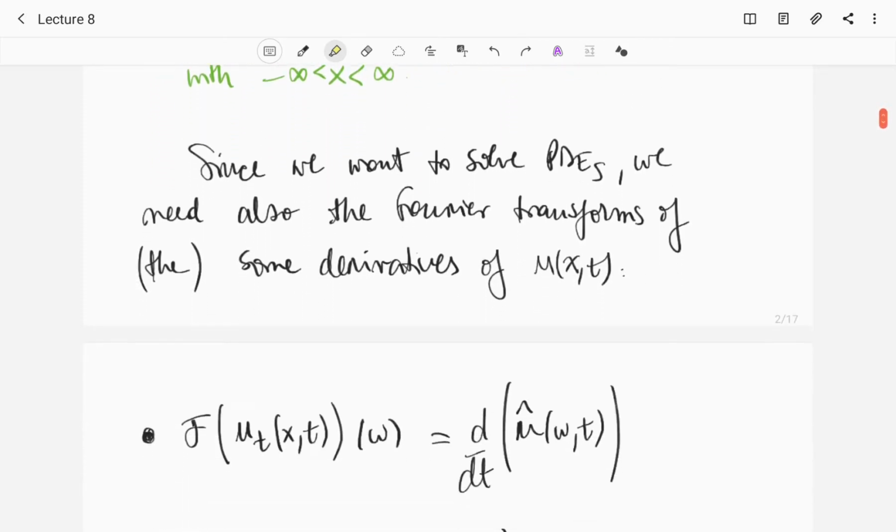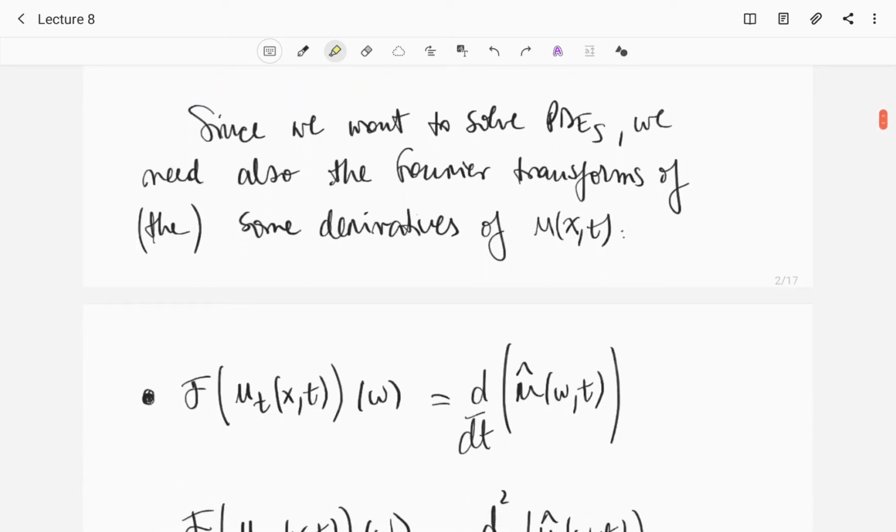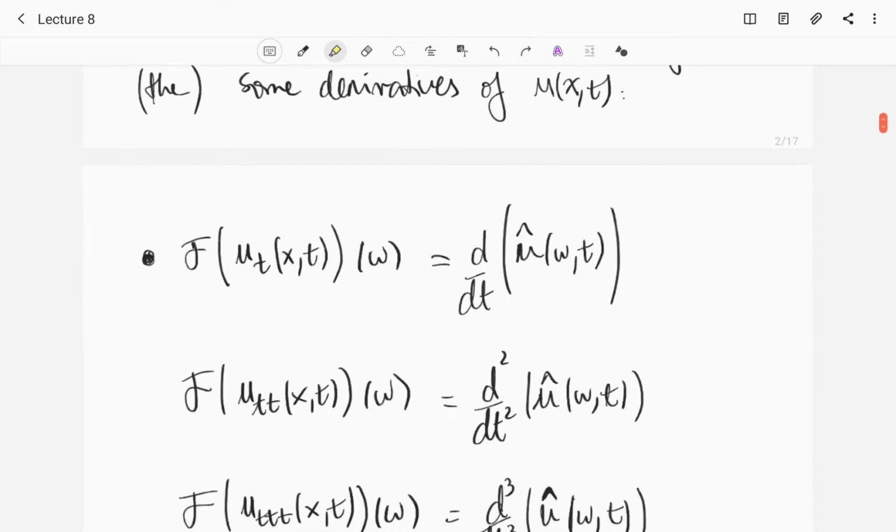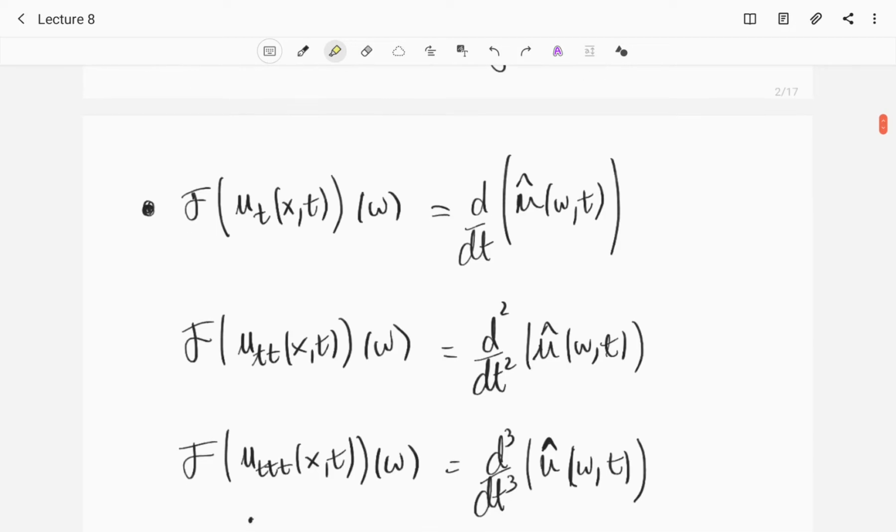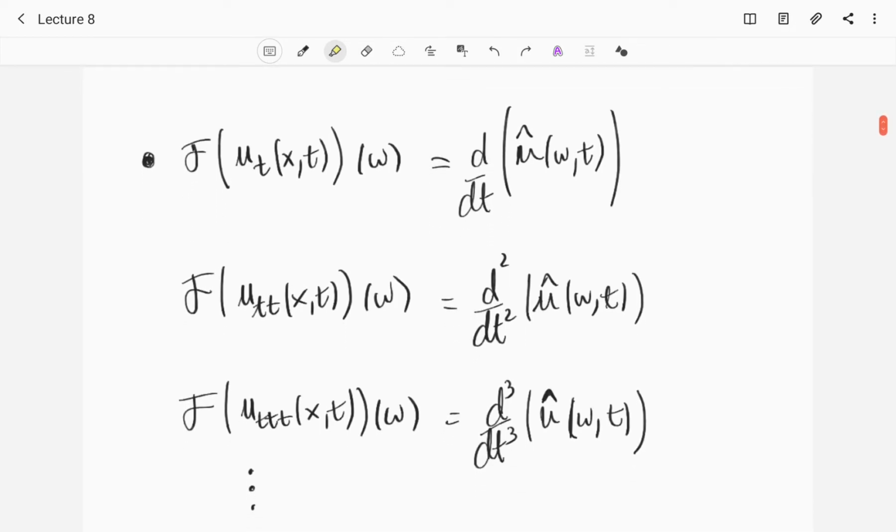Okay. So, since we want to solve PDEs, we need also the Fourier transform of some of the derivatives of this function u of x, t. And we saw at the end of the last lecture, we didn't prove it, and we also are not going to prove it here, these properties of how Fourier transforming behaves with the derivatives.